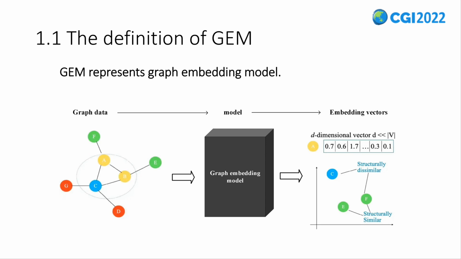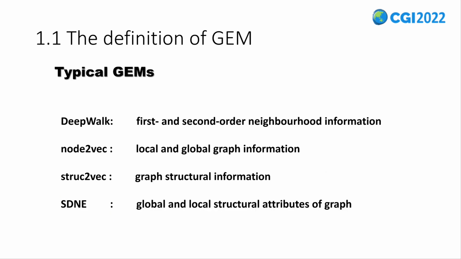A graph embedding model should preserve as much as possible the structural features of corresponding nodes in the original graph. Typical graph embedding models include DeepWalk, node2vec, struc2vec, SDNE, and so on. Each graph embedding model has slightly different retention capabilities.